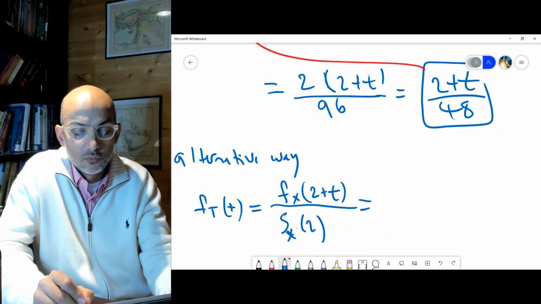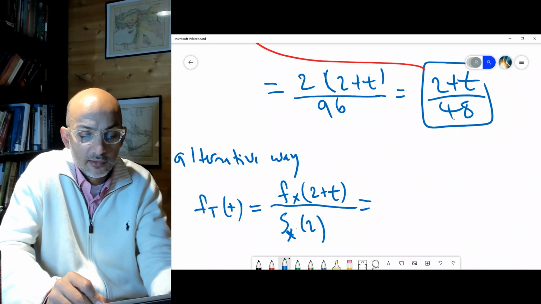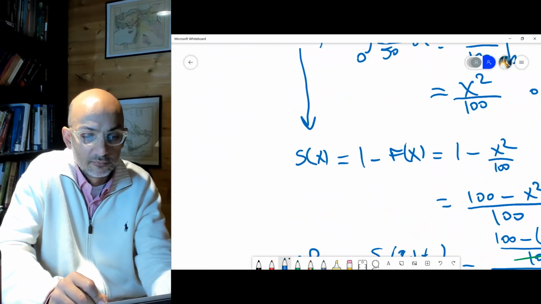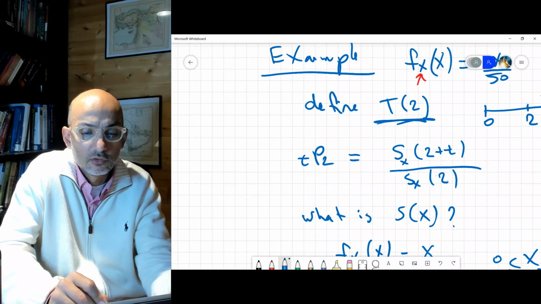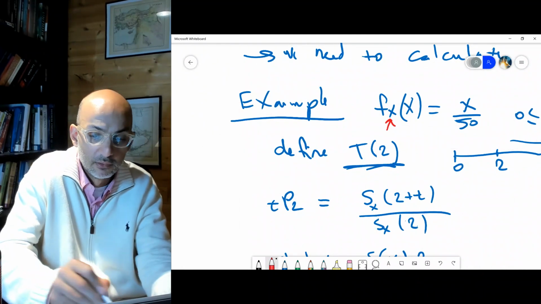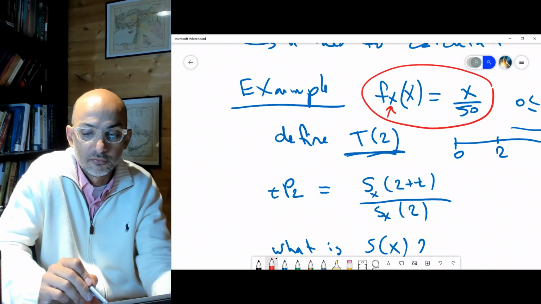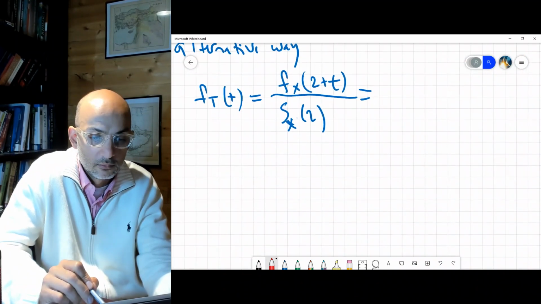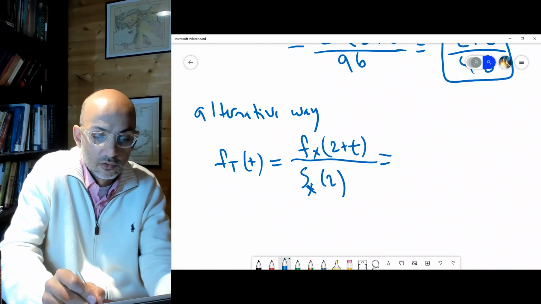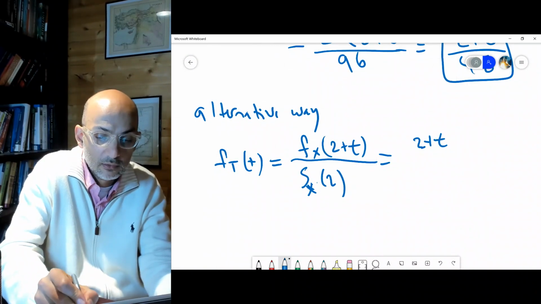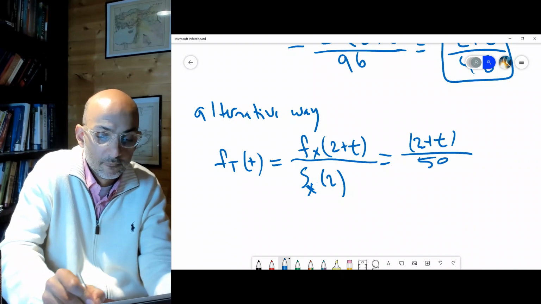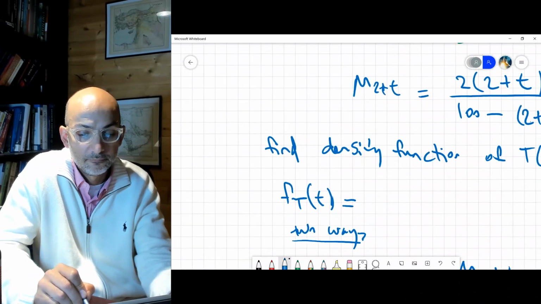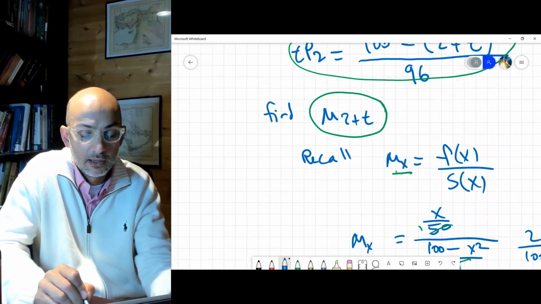So, straightforward, what is the density function? It's given in the question. I go back so I can see it, but also for you to recall where we got it from. This is the density function. It's x over 50, so it's 2 plus t over 50. And what is s of 2? It's already here, the one I made a mistake on when I copied it.